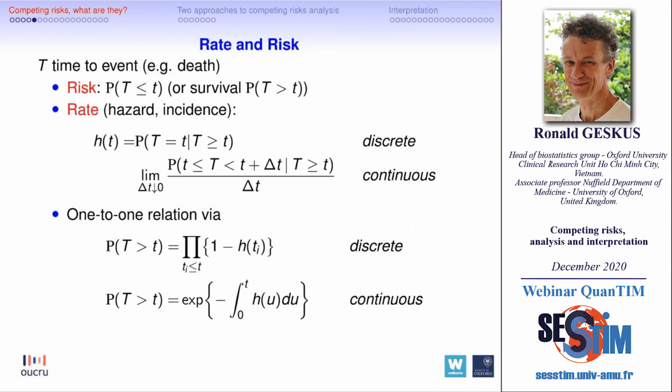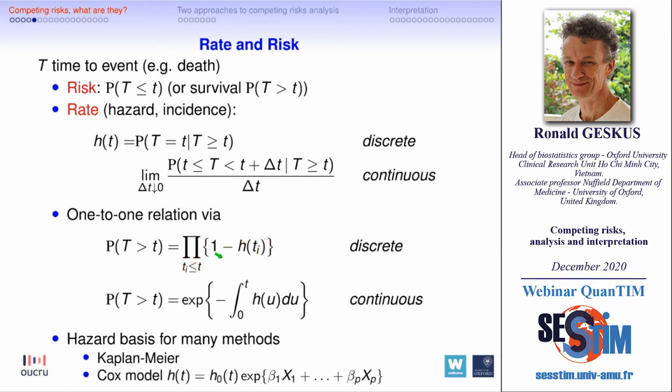Okay, so I told you already there's the one-to-one relation. So once you know the hazard, you can also estimate the risk or the survival probability. And this is in fact the hazard of the Kaplan-Meier. You've seen this formula on the previous slide, and here you see it in red occurring as well. But it's also the basis of the most important regression model in time-to-event analysis, and that is the Cox proportional hazards model.